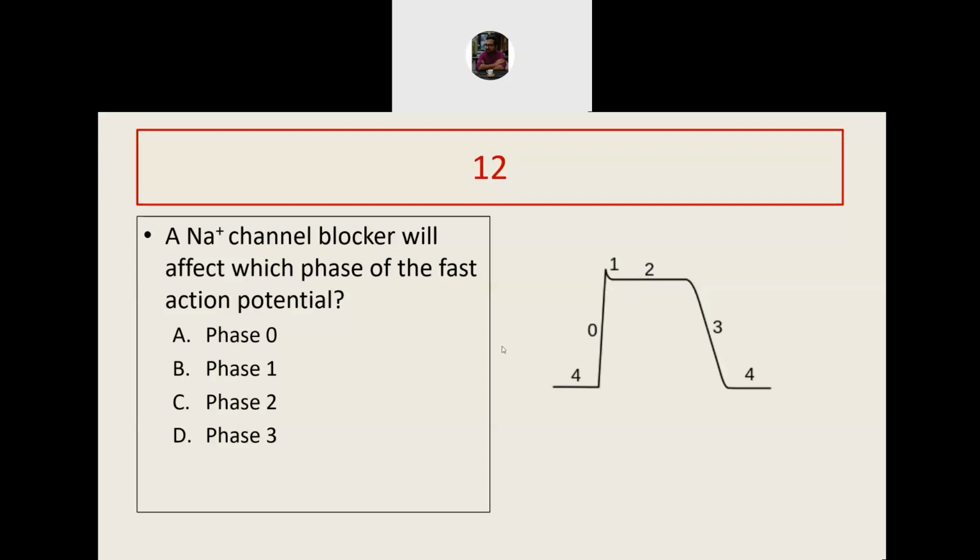So if I add a sodium channel blocker, which phase of the action potential will be affected? Next question.